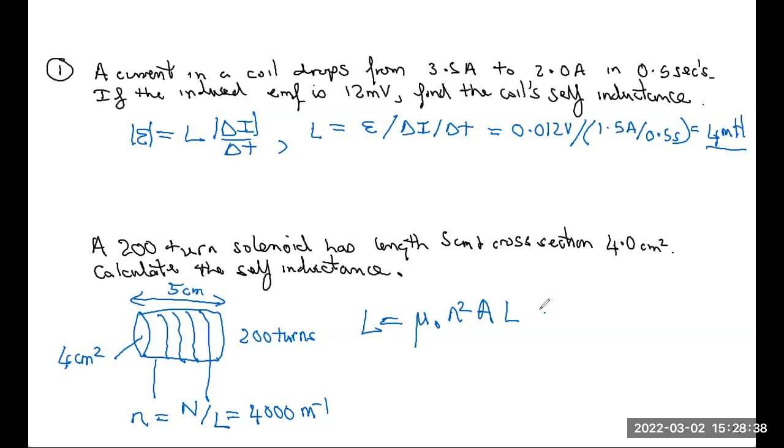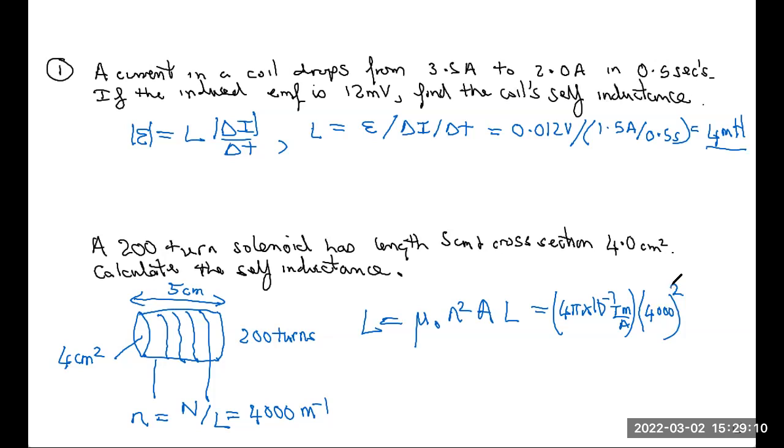Anyway, with that information, we can start plugging the geometry into this equation for the self-inductance. So mu naught, that constant that characterizes the strength of magnetism, is 4 pi times 10 to the minus 7 tesla meters per amp. n, that's 4,000.